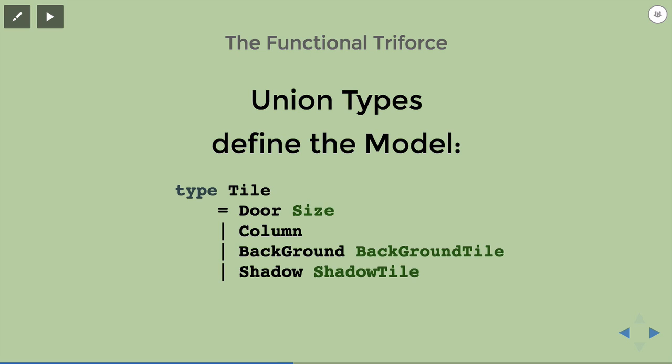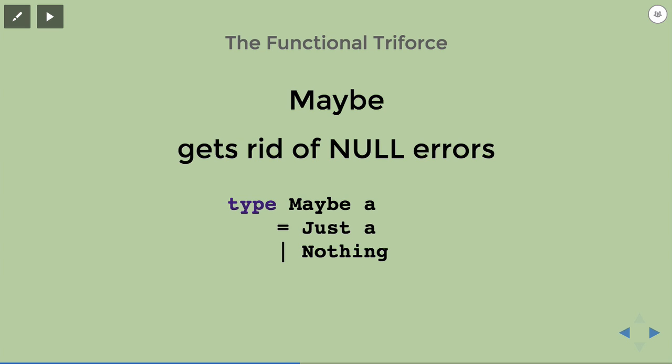As you can see here, it's sort of a glorified enum, but you can also pass extra data with them, and they're very convenient. For example, here, this is a tile in a 2D game. It could be a door, it could be a column, it could be a background, and background tile is another type, sort of thing.